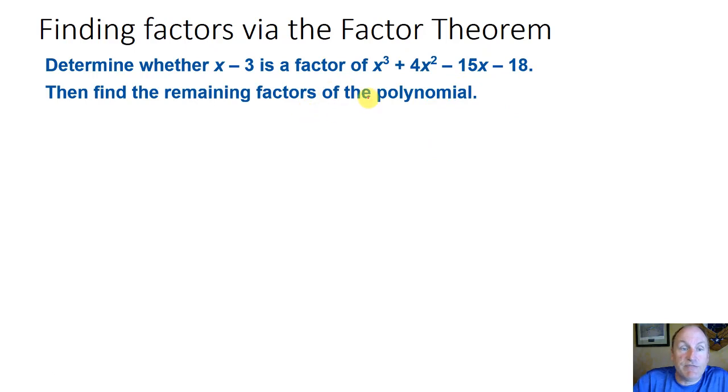Let's verify whether x minus 3 is a factor of x to the third plus 4x squared minus 15x minus 18. It should be noted there are other ways to factor this as well, which we talk about in other screencasts. If x minus 3 is a factor, we should get a remainder of 0, by the factor theorem, and then we continue to factor the depressed polynomials until we get all the factors.